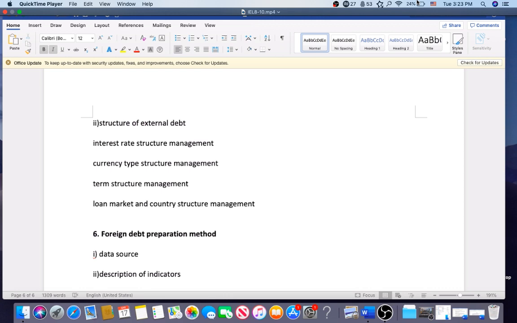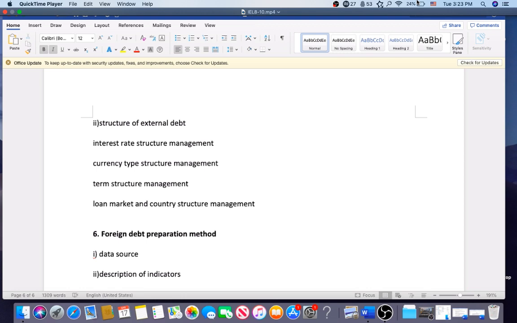The first is to keep the medium and long-term debts as the majority, and to strive to control the short-term debt at less than 20% of the total debt. And second, to keep the growth of the short-term debt generally lower than that of medium or long-term debt.